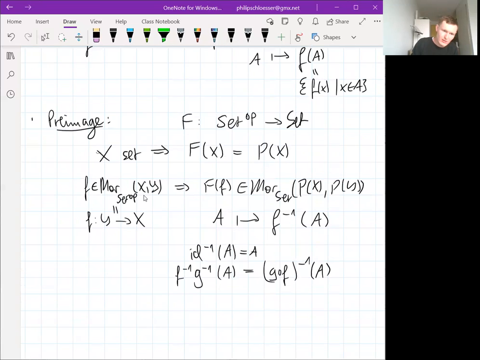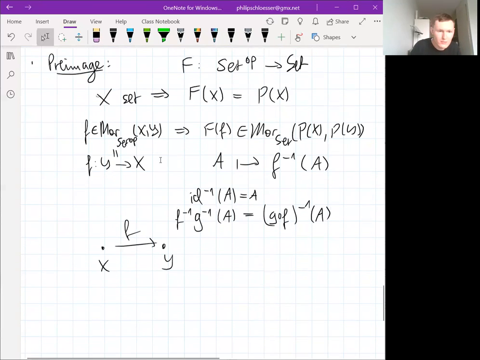We have two sets, X and Y, and we have a map from X to Y. Okay, should probably say from Y to X. And now what this pre-image does is we have a subset of X, and we want to make a subset of Y out of it.